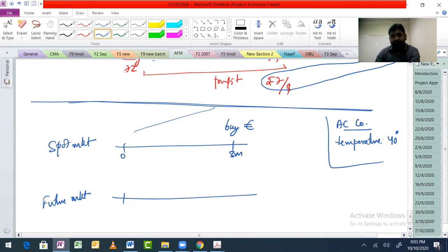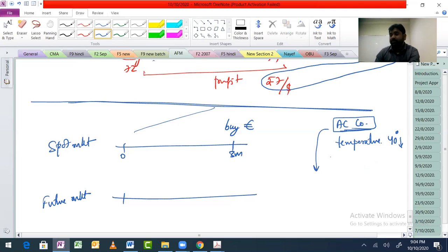Are you following the example? Now, what is this company afraid of? This company is afraid of the temperature remaining below 40. So this company goes into the betting market and bets for this temperature.